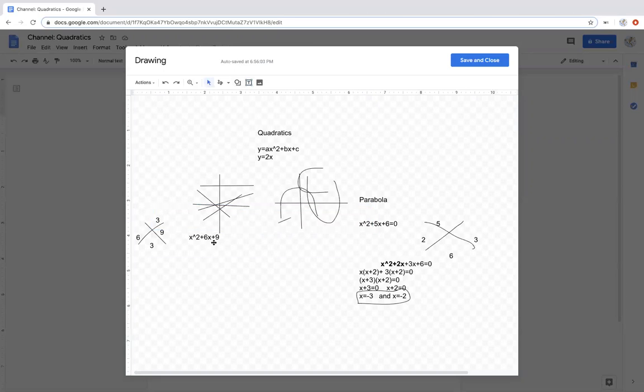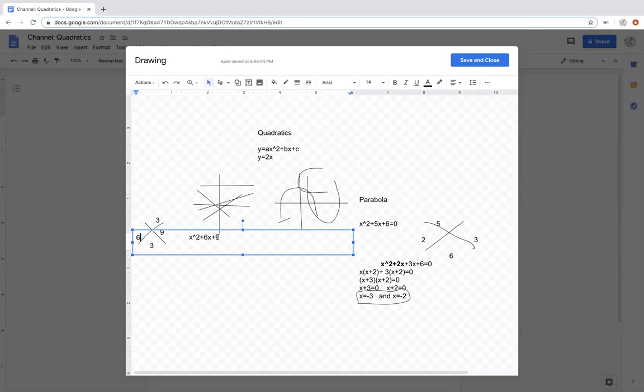Sorry, I'll move that down. 3 and 3. So now, as I mentioned in the previous one, you would simplify the middle term to x squared plus 3 and 3, so 3x plus 3x plus 9. So then you factor out the two sides.